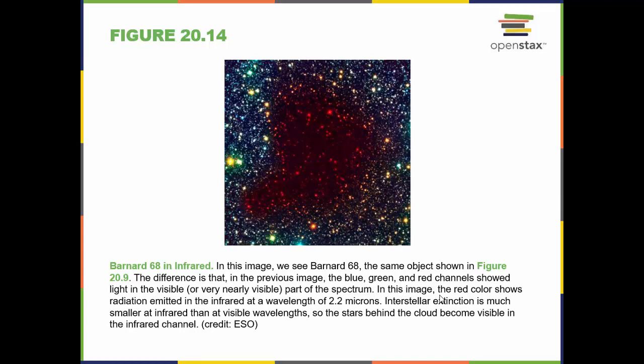In this image, the red color shows the radiation emitted in the infrared, just below red, at a wavelength of 2.2 microns. The interstellar extinction is much smaller in the infrared, and so the stars behind the cloud become visible.